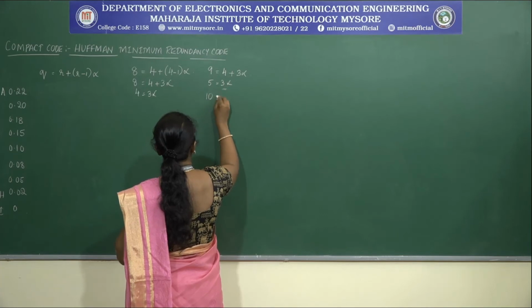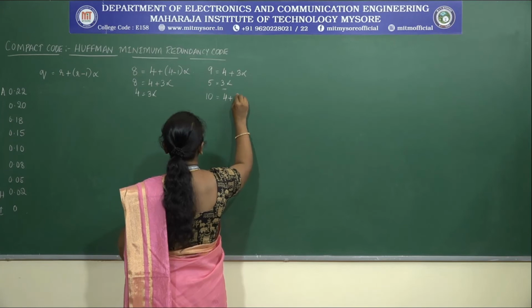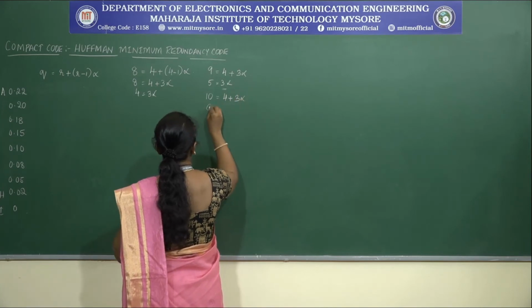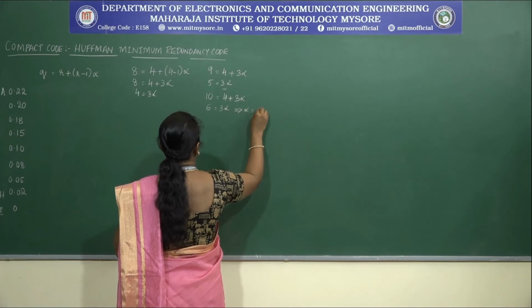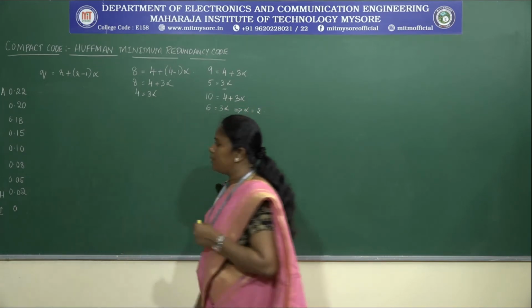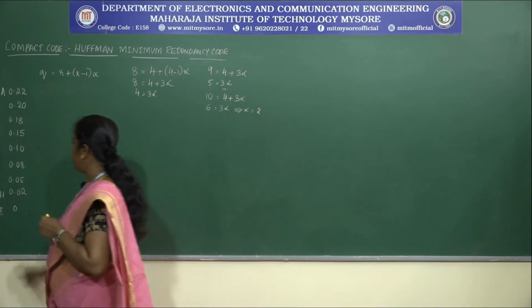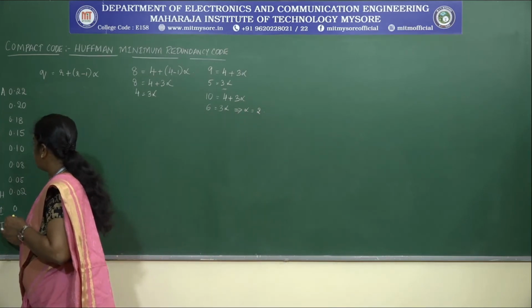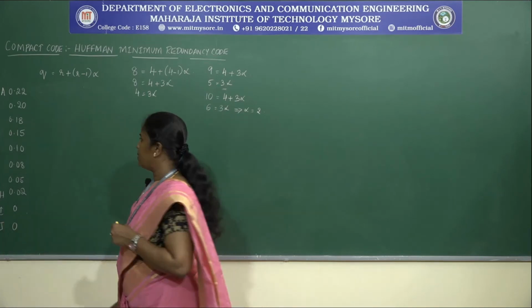So consider q is equal to 10. So 10 minus 4 is 6, so you will be getting alpha is equal to 2. That means you need to consider, instead of 9, 10 source symbols. So you need to consider the J source symbol, and consider that also as a dummy symbol.